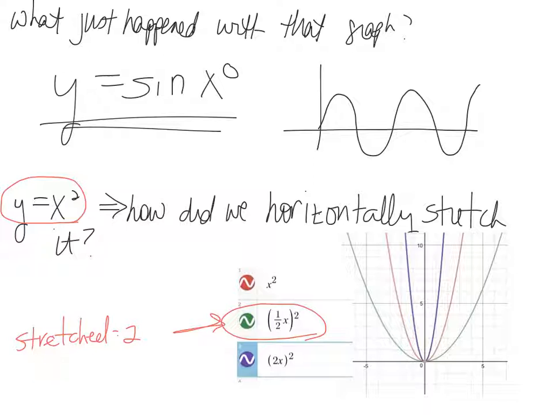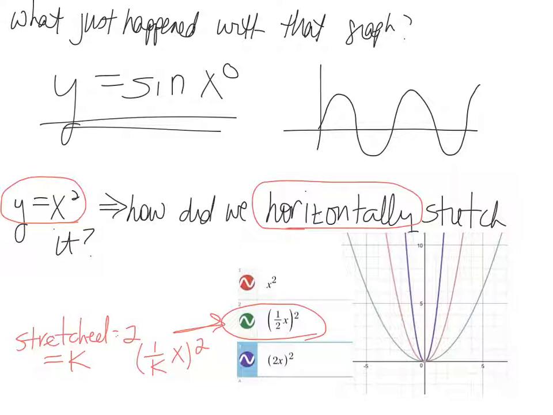What we're actually doing is the quantity 1 over k times x, squared. So we're stretching it by a factor of k. That was a horizontal stretch by a factor of k.